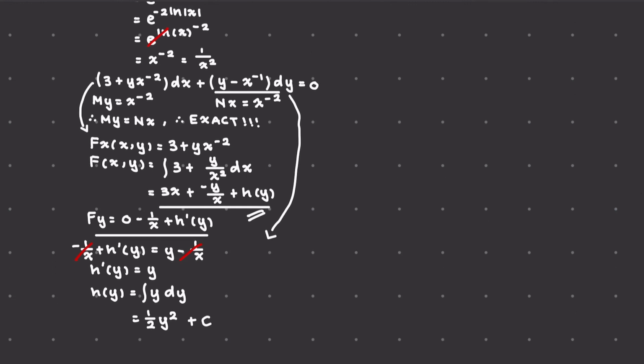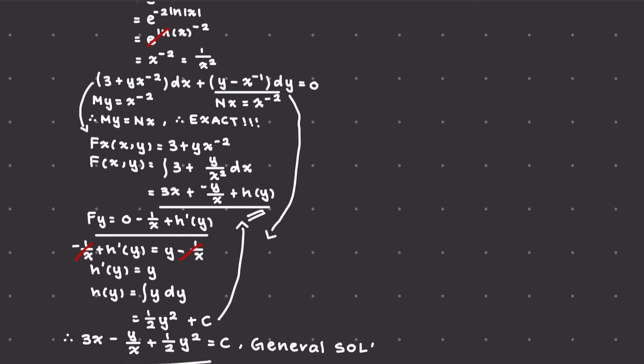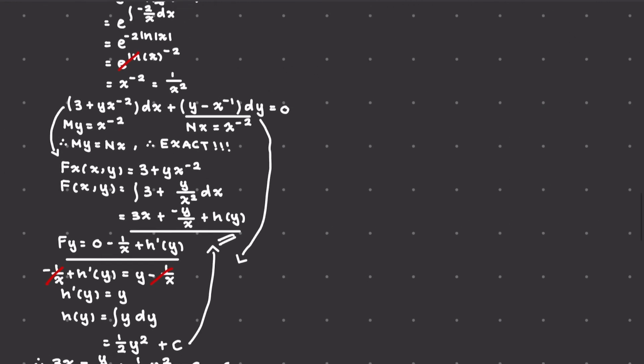And now substituting it back to here, we will get 3x minus y over x plus 1 over 2 y² equals c. And this is our final answer, or the general solution for this non-exact or almost exact differential equation here.